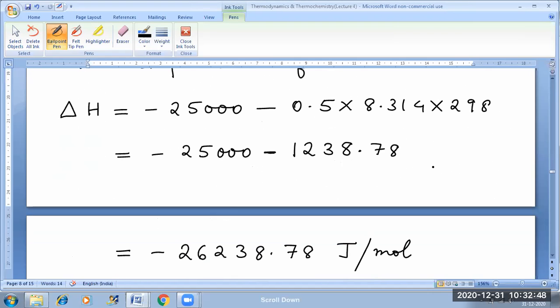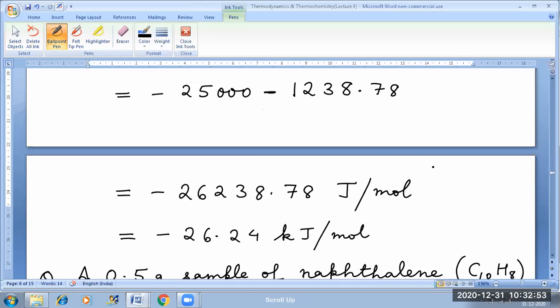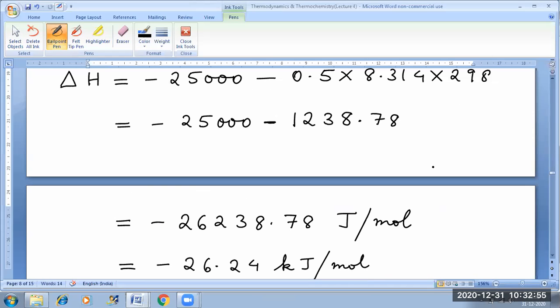So finally, I'll get this. I'm solving. If I want to convert it to kilojoules per mole, then I can divide by 1000. So this will be the final answer: molar enthalpy of combustion. So enthalpy is delta H.